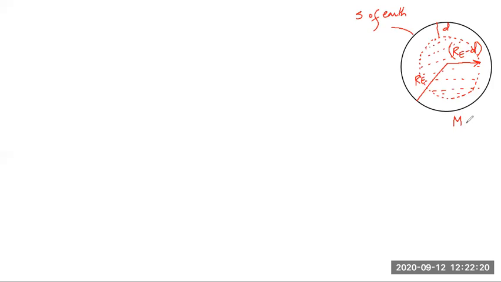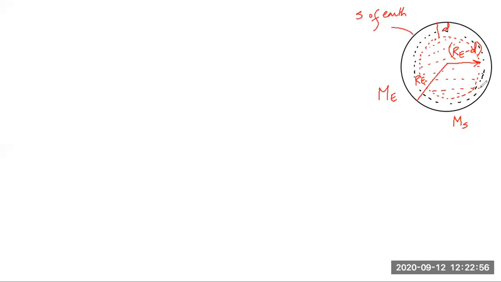So the mass of the sphere having radius Re minus d, this smaller sphere, I say is Ms, whereas the mass of the Earth with radius Re is Me. So the point is going inside. Well, it has already been understood and proven in the previous lectures that there are spheres, I'm sorry, not spheres, shells around the Earth which have radius more than Re minus d.